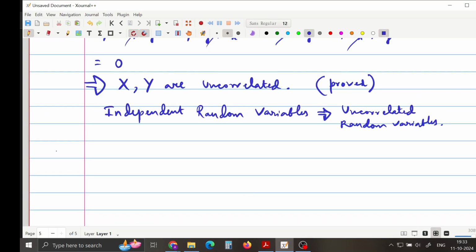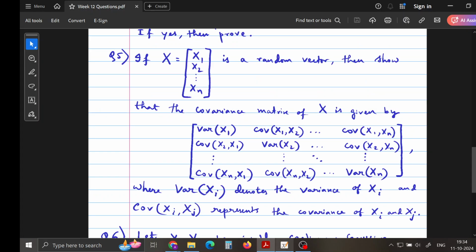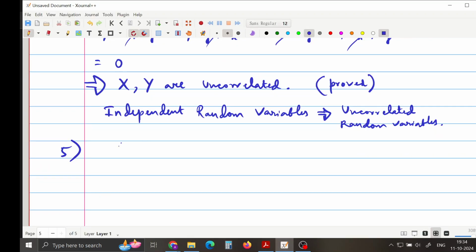So we're in the fifth problem. So x is given as x1, x2 all the way till xn. Okay, so this is a random vector.